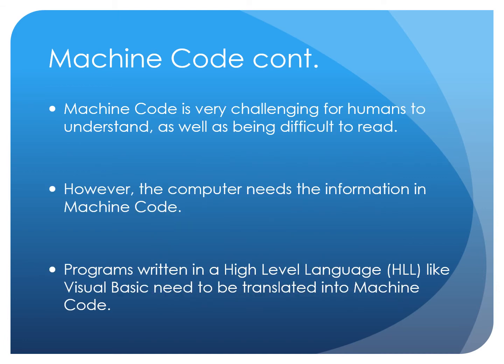Machine code is very complex and challenging for humans to read, understand, and interpret. It is made up of ones and zeros. However, the computer needs the information in machine code, or those ones and zeros, to understand the instructions it's been given.